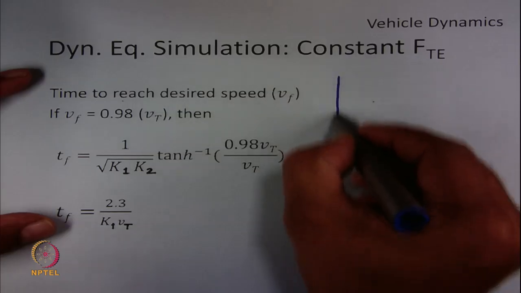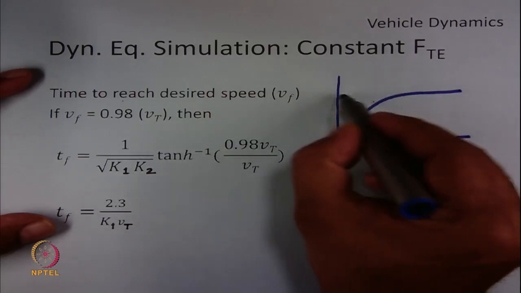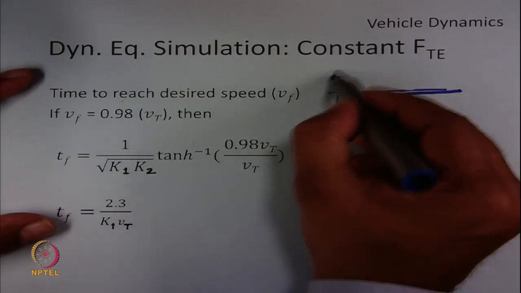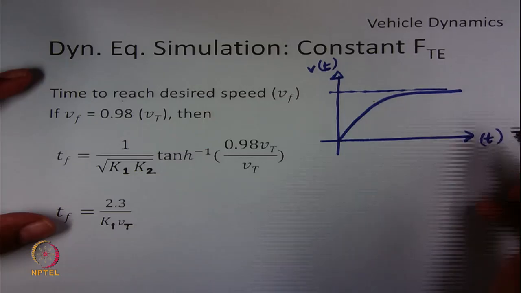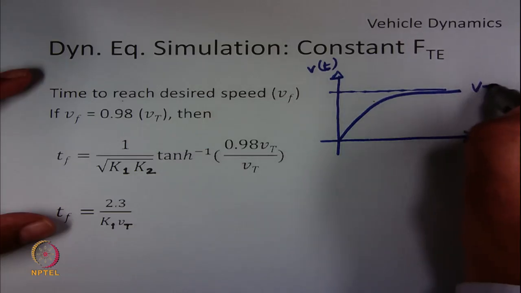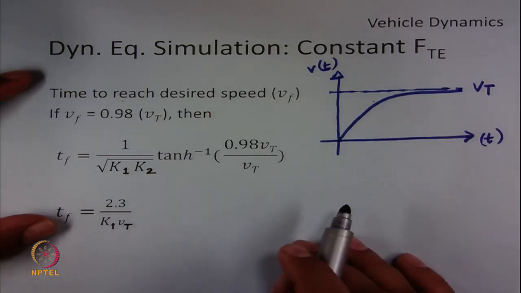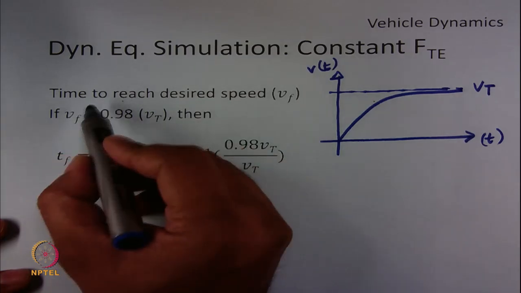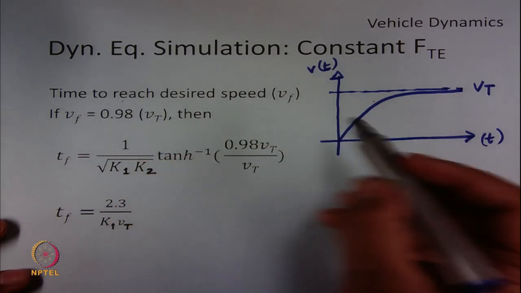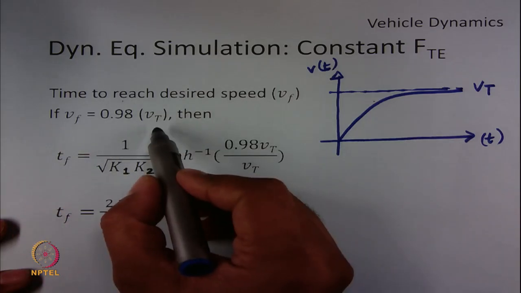So since the velocity has a graph similar to this, and if we assume Vt to be constant here, we were interested to find the time taken to reach the vehicle speed equal to 0.98 Vt.